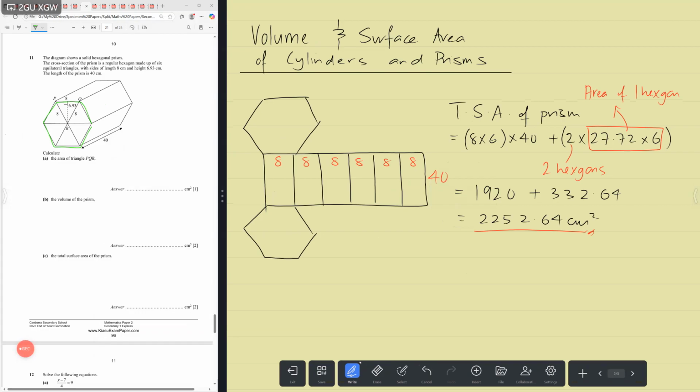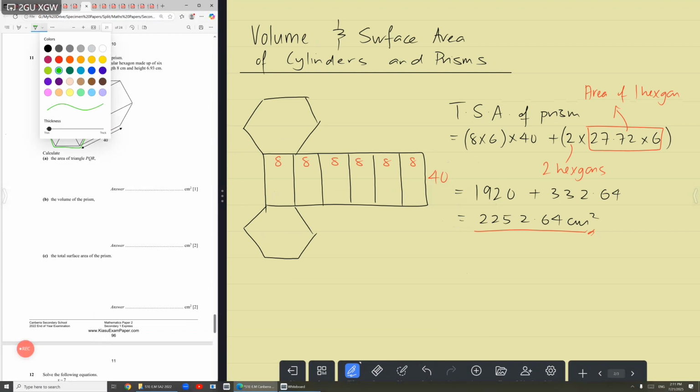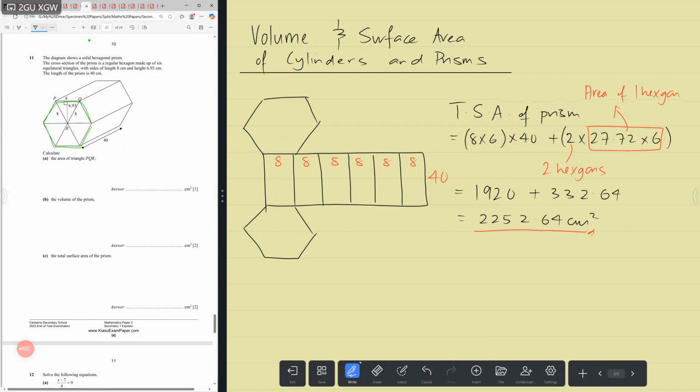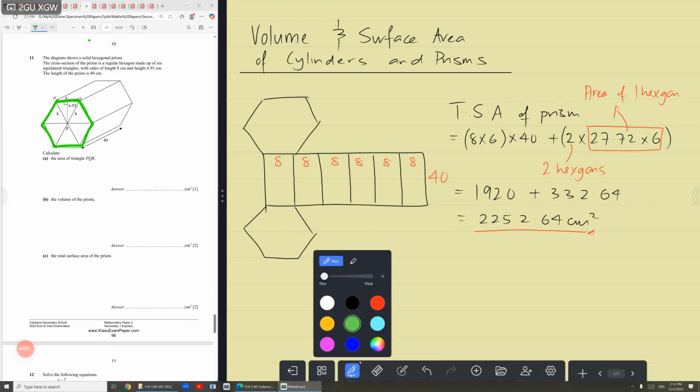Okay, so this is how we work on this kind of questions, finding the volume of prism and the total surface area of prism. All right, so let me just spend a bit more time on the total surface area of prism. Okay, so back to the diagram here. Let's look in green again. Okay, so if you open up, you slice it up, and then you lay it flat to form the net, what you will get is what you see on the yellow color screen.